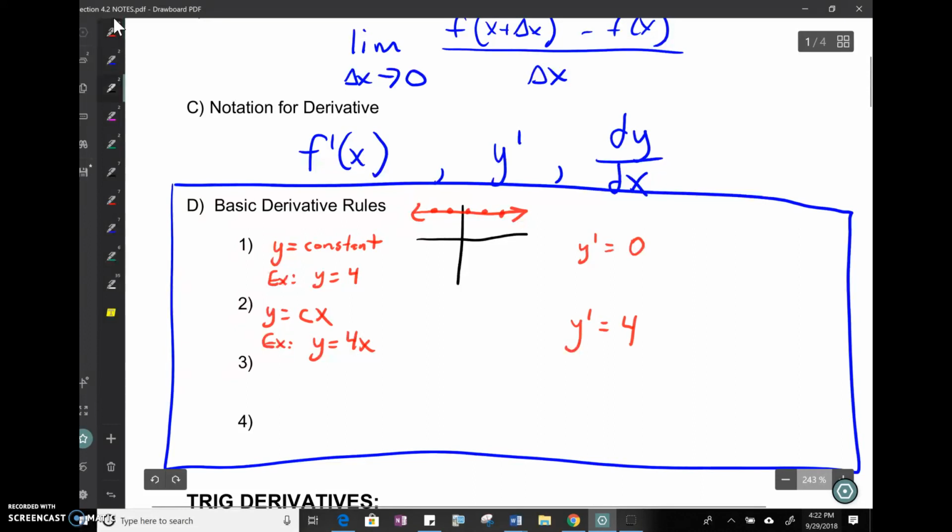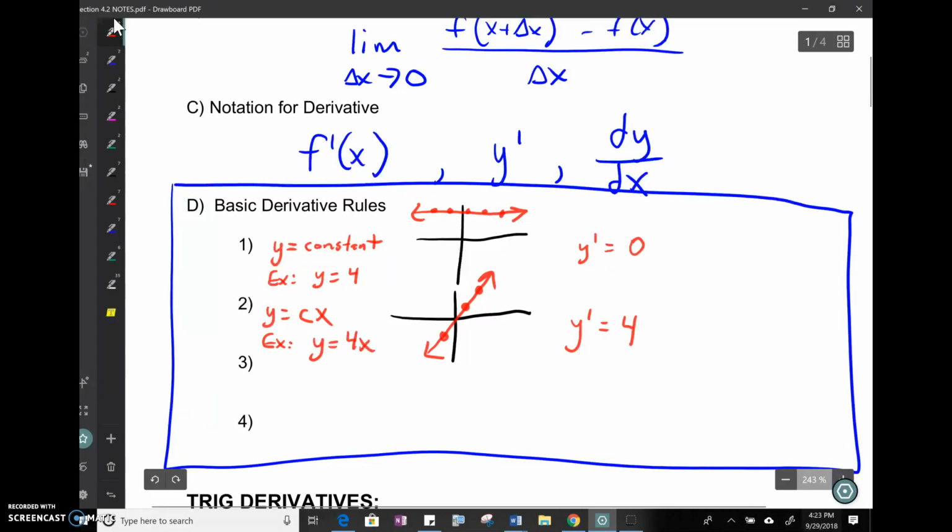Let's think about it graphically. If you have the line y equals 4x, there's a rough sketch. What's the slope at this point? It's 4. What's the slope at this point? It's 4. What's the slope at this point? It's 4. So that's why the derivative is telling us no matter what point you choose, the slope is 4. Just like it told us in example 1, no matter what point you choose, the slope is 0.